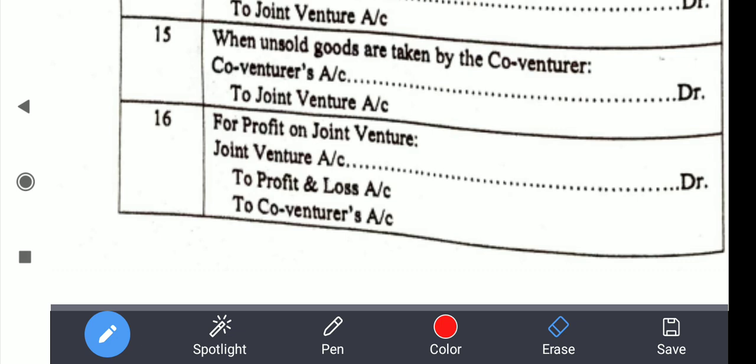Regarding this, we have to prepare two types of accounts: the joint venture account, to know the profit or loss of the venture, and the co-venture account, to know how much amount is payable to him or receivable from him.